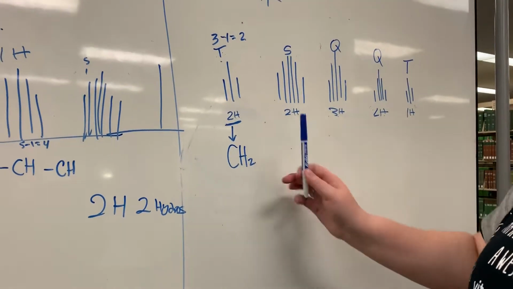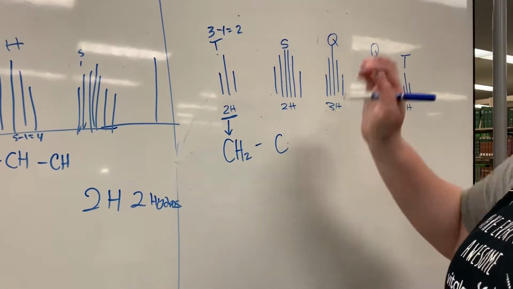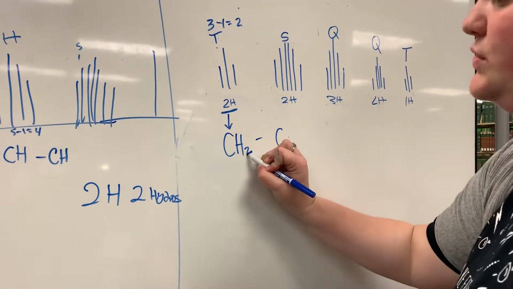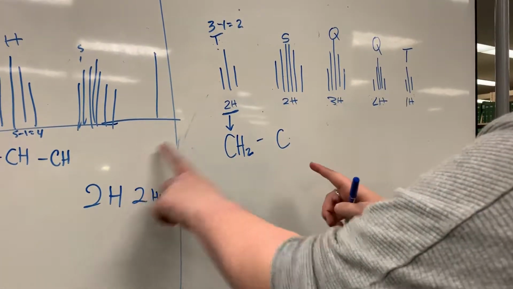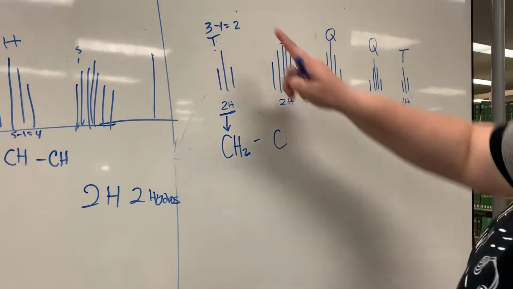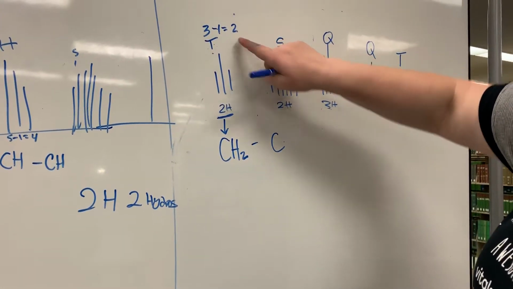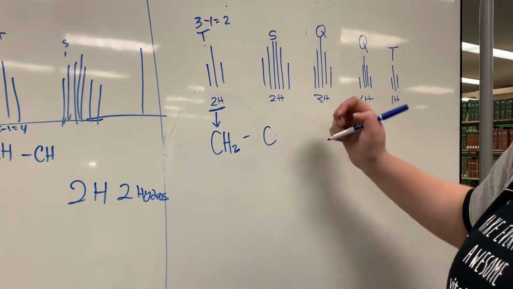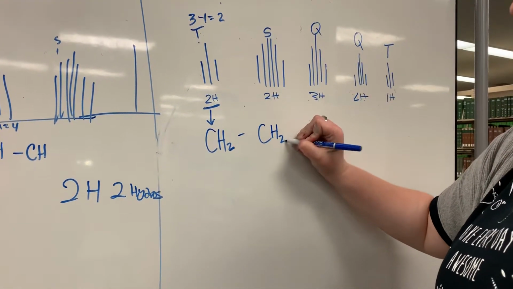So now we're looking at the neighbor of this CH2. Now we know that there's only one neighbor because it doesn't have any molecule on the side. One has a molecule on the side. Now if it says that we have 2 hydrogens connected to this CH2, how many hydrogens should be over here? Also 2. Cool. This would be a CH2.